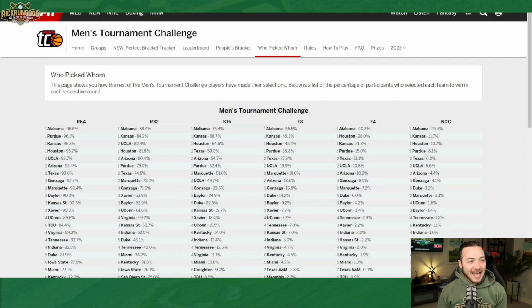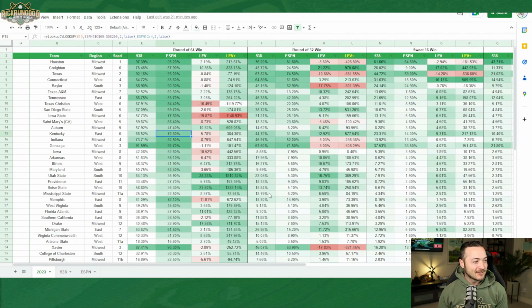So that is what this is. This is the magic spreadsheet. Through data formatting and cleaning it and all this fun stuff, I have thrown all of what you just saw, the probabilities from 538.com and the percentages of each round, each bracket choosing each team to get through each round, into a spreadsheet.